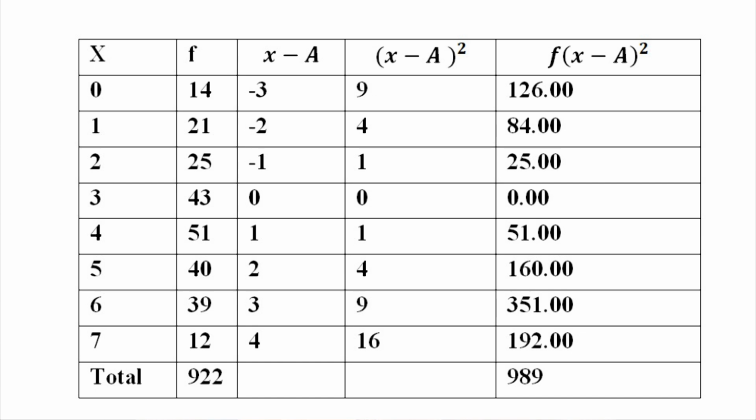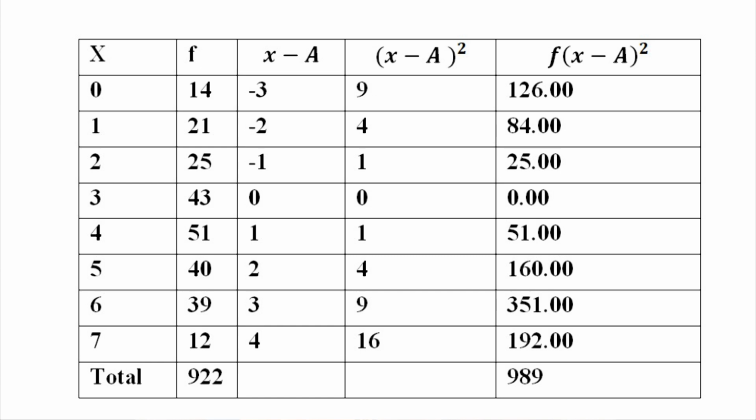Now square these observations. The values are 9, 4, 1, 0, 1, 4, 9, 16, which are entered in column 4. Then multiply the values of column 4 with the frequency values in column 2.